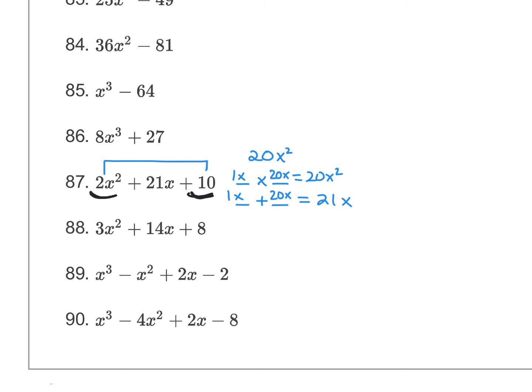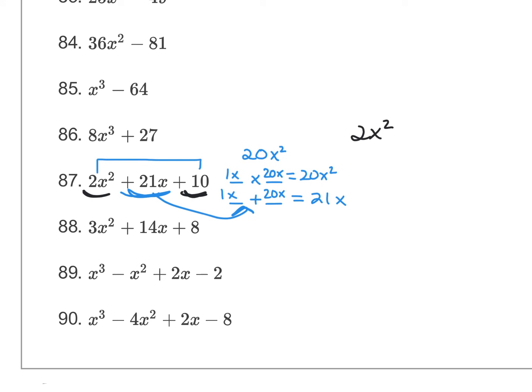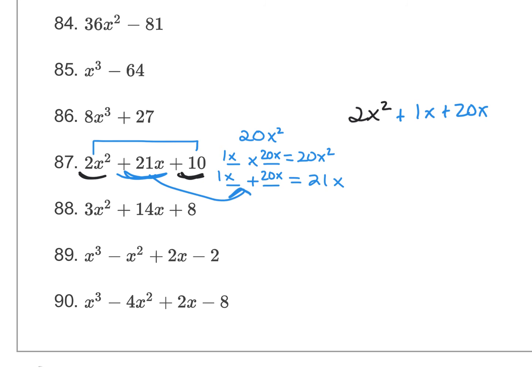What I'm replacing is this middle one with the 2 factors I just found. So this becomes 20x squared, and then I'm going to replace, and it doesn't matter the order that you put them in here. So I'm going to go ahead and put it in as the 1x and the 20x, and then I'll put the plus 10.